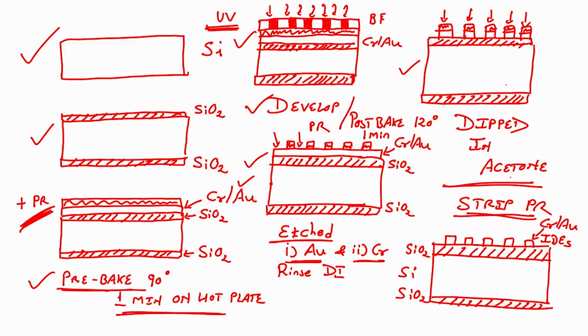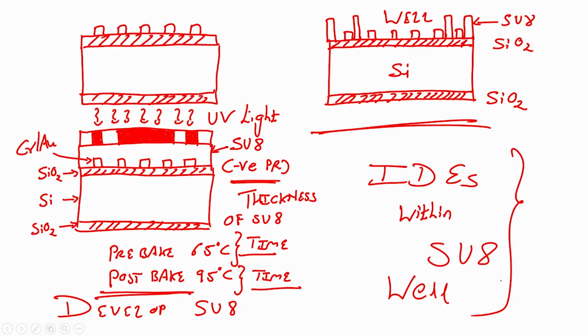After this you place the wafer in acetone and remove the photoresist, to obtain the interdigitated electrodes made from chrome and gold. Then you spin coat SU8, which is nothing but your negative photoresist, and after spin coating you pre-bake the SU8 at 65 degree centigrade. After pre-baking, you can load the mask.